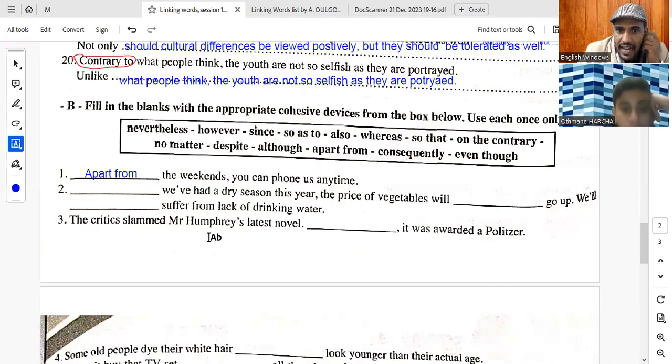Number two: we have had a dry season this year, the price of vegetables will go up, and we will suffer from lack of drinking water.